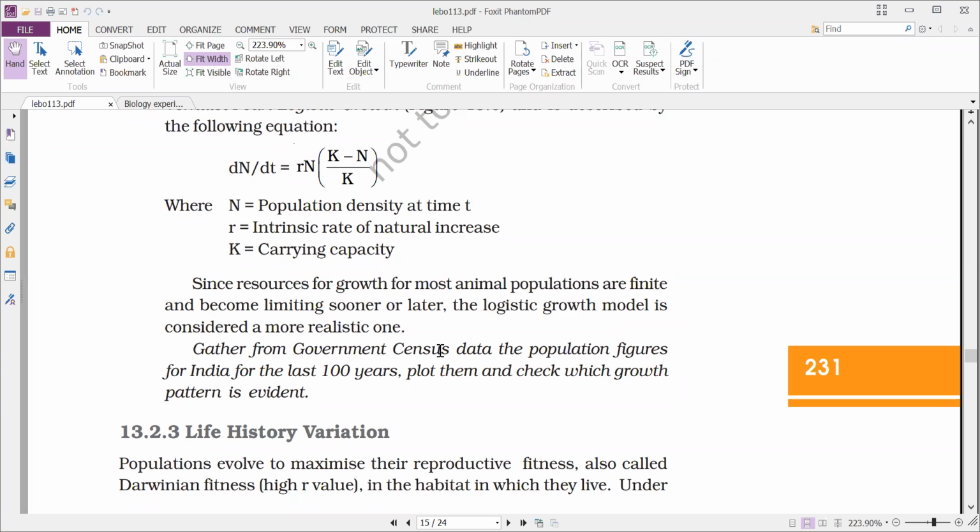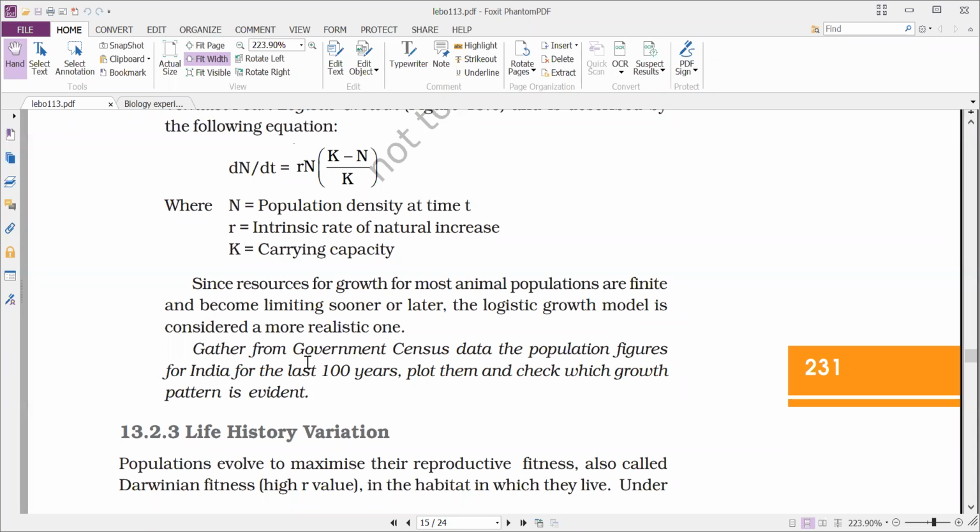The logistic growth model is considered the realistic one, because in nature the resources are limited, and there are some restraints for all the species that are present on the earth. That's why we say this growth model is the realistic one.